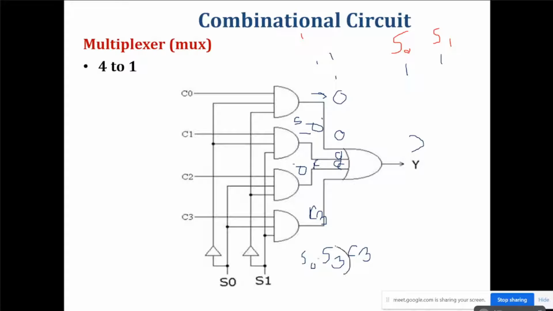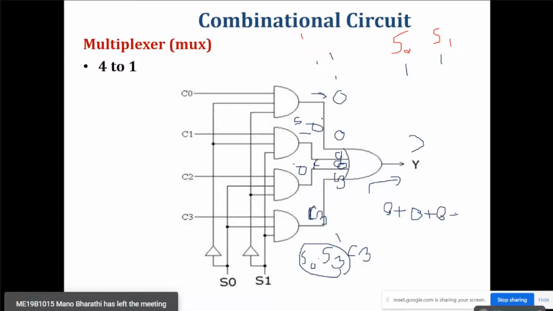So these values will be 1 and it will ending with C3, so it will be C3. So here 0, 0, C3. So this is 0. So the output will be 0 plus 0 plus 0 plus C3.